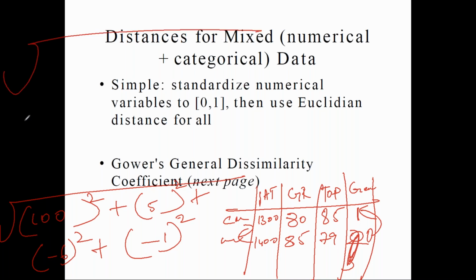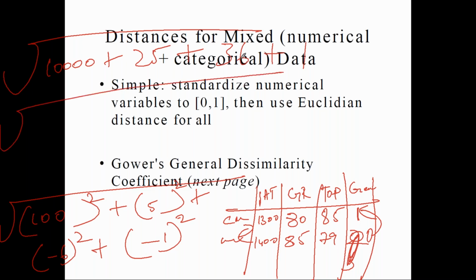Square root of 100 square is 10,000, plus 5 square is 25, plus 36, plus 1. So 10,000 plus 36 plus 25 plus 1 is 10,062. If you calculate the square root of 10,062, you are going to get some value. That is the distance between these two universities.